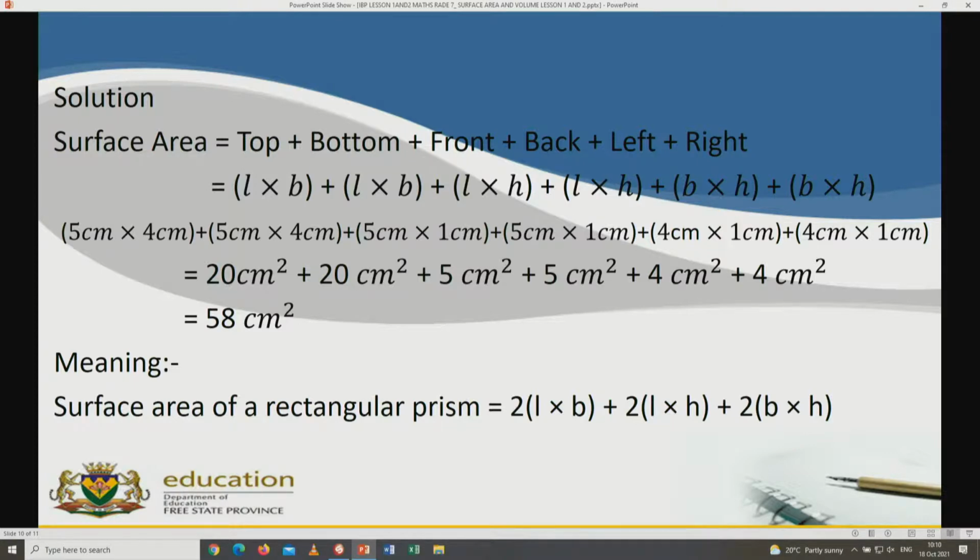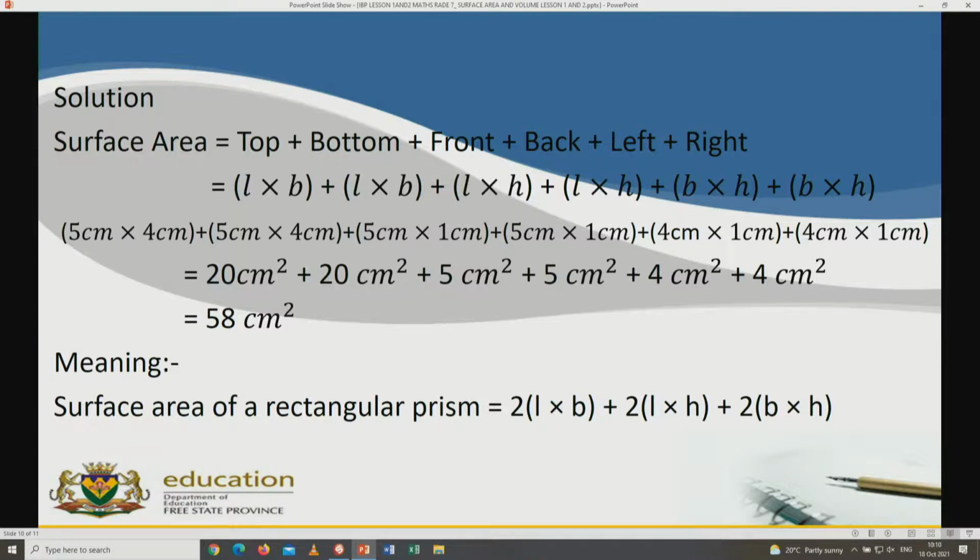Then 5 multiplied by 4 is 20. 5 multiplied by 1 is 5. And 4 multiplied by 1 is 4. But remember the units of measurement here. We're working with centimeters. Multiplying a centimeter by a centimeter, I have shown you, gives centimeter squared.